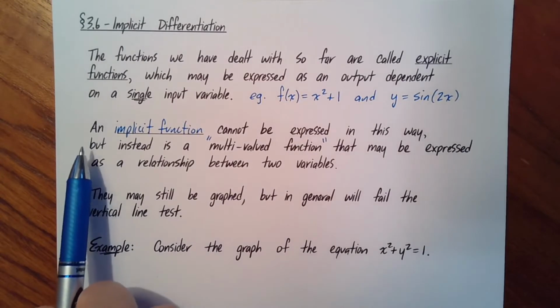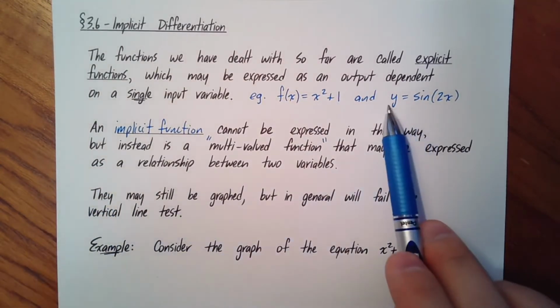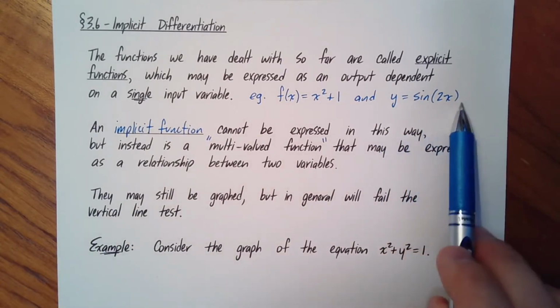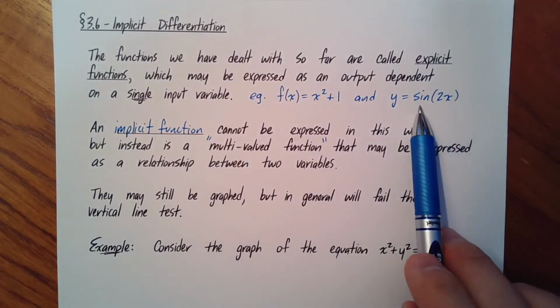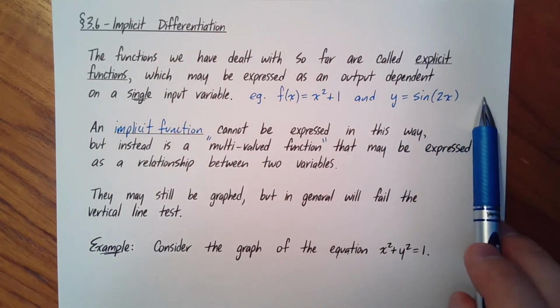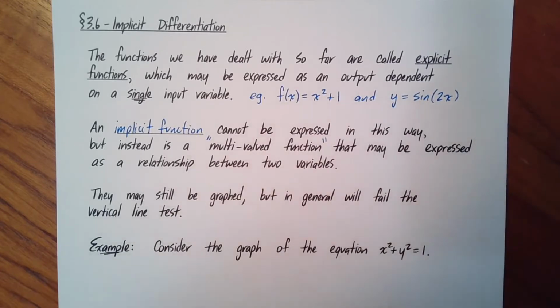And when you write down implicit functions, their key feature is that they cannot be written down like this one is. You can't write it as y equals and then only have x's appearing on the right-hand side of the equation. For example, this one doesn't have any appearance of y on the right-hand side. But if I said plus the square root of y or something like that, that would make it an implicit function.